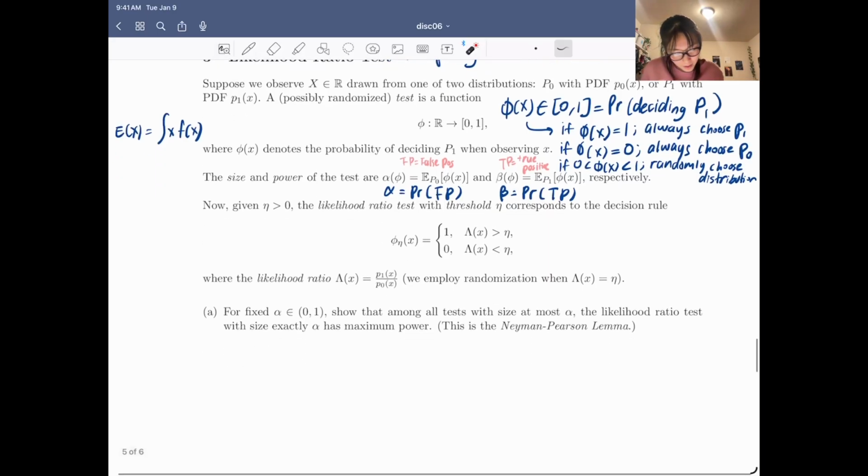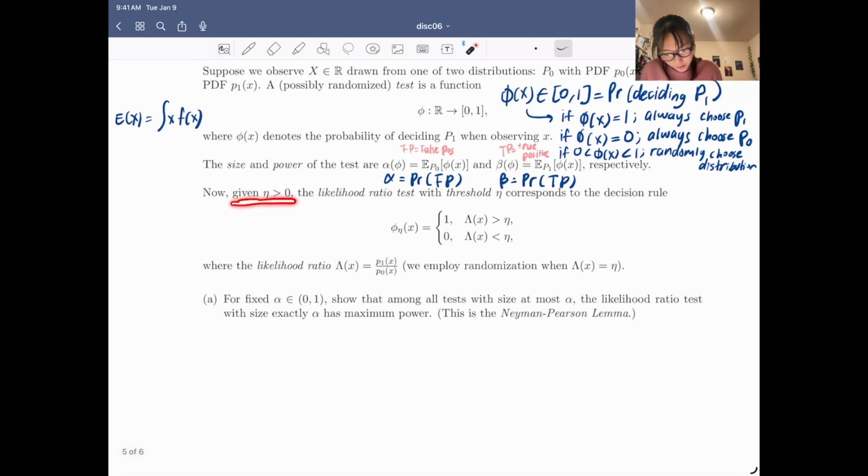Okay. Now it says, given this, I think this is the Greek letter eta, is how they pronounce it. Given eta is greater than 0, the likelihood ratio test with threshold eta corresponds to the decision rule below, where the likelihood ratio, this capital lambda of x, is the PDF of P1 over the PDF of P0.